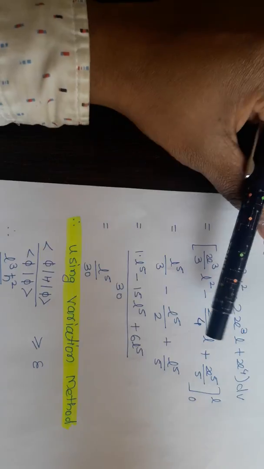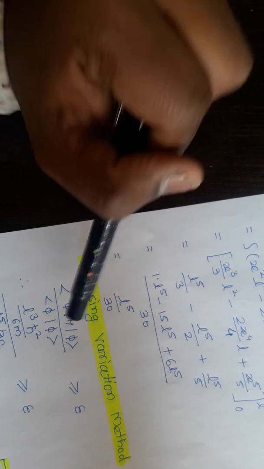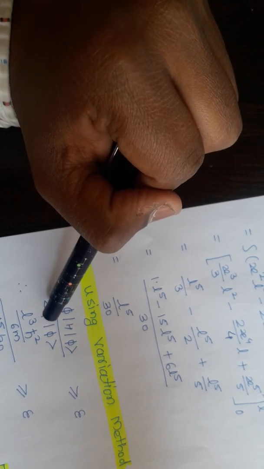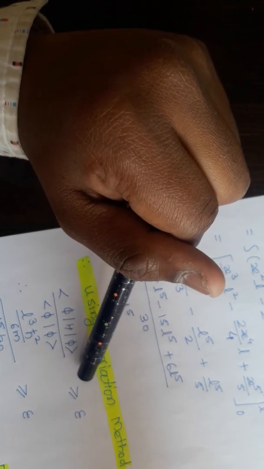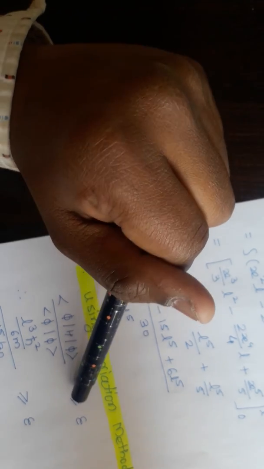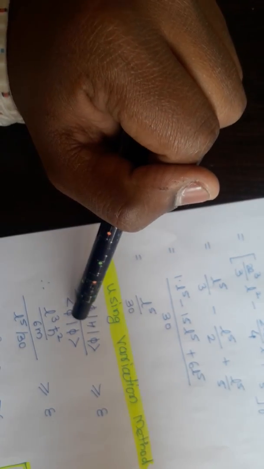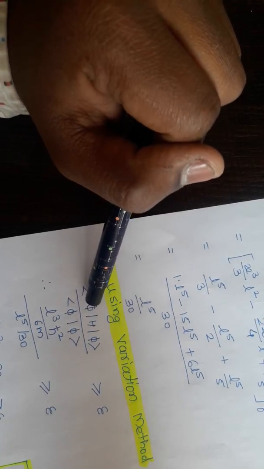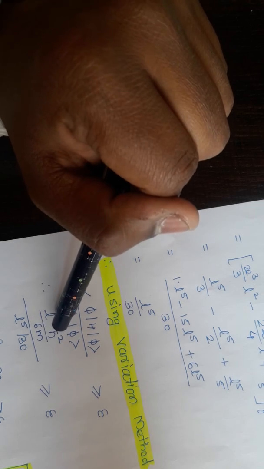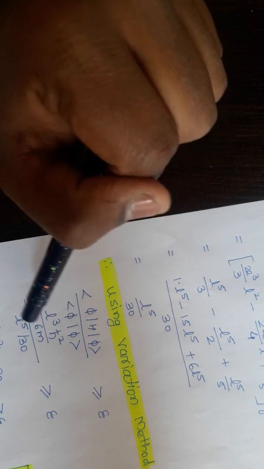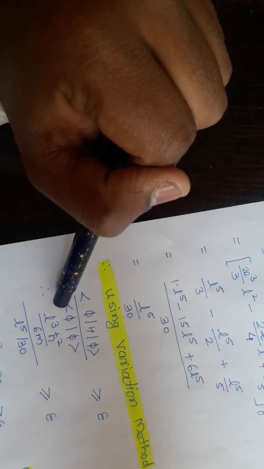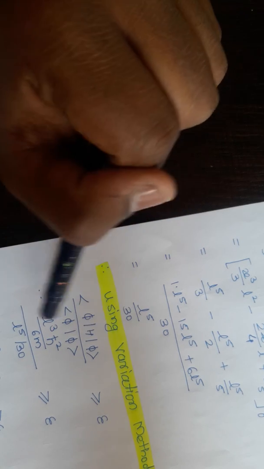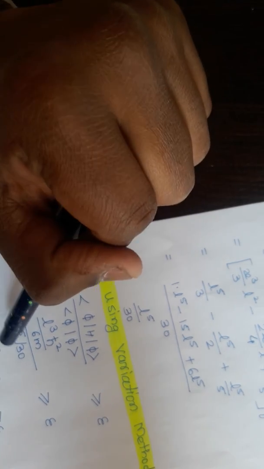We know the variation principle: the expectation of the Hamiltonian operator upon the expectation of phi with phi is greater than or equal to E. At that time just put in the values of the expressions. We know that the expectation value of the Hamiltonian operator is L³ into ħ²/6m, and when phi is not normalized the value is L⁵/30.